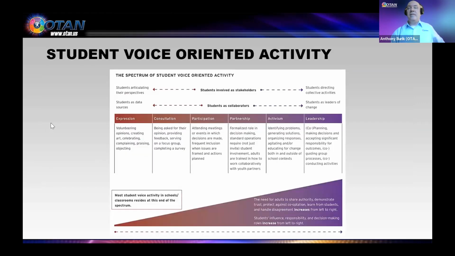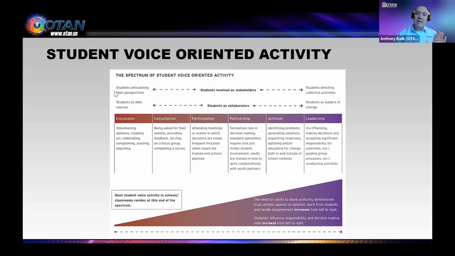This graphic is titled Student Voice Oriented Activity. In the middle of this framework, we see the same 6 types of student voice: expression, consultation, participation, partnership, activism, and leadership. And now we have 2 more measures along the top. The first says students involved as stakeholders.